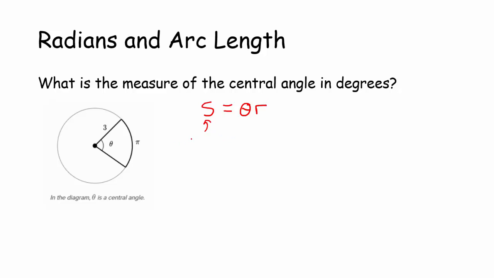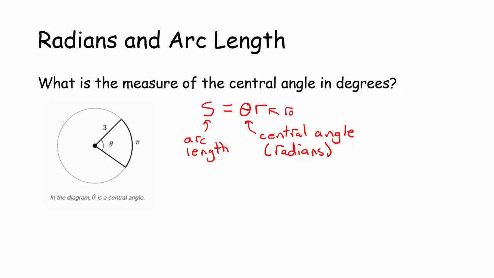Usually S is the letter we traditionally use to represent the arc length, and theta is the central angle. The key here is that for the formula, theta must be in radians, and r is the radius of the circle.